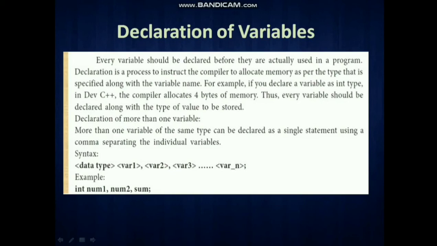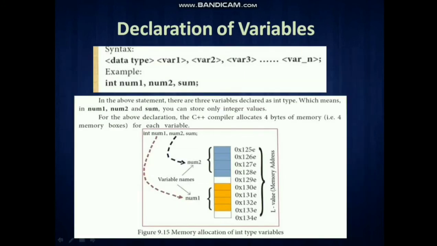So these are examples of declaration of a variable. For example, int data type with num1, num2, sum. These are all variable names. Next is the declaration of variables. They have given clearly the variable names and data types, and their R value and L value, the stored memory location and memory address. Num1, num2.